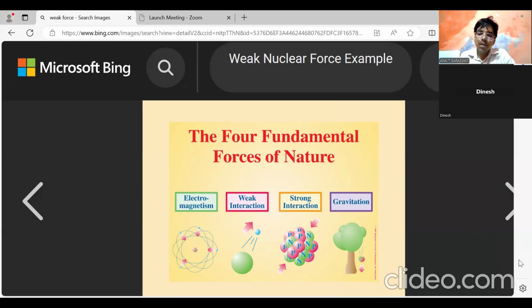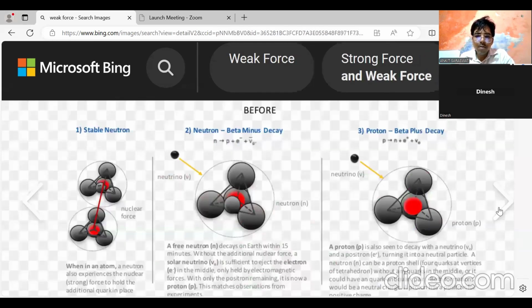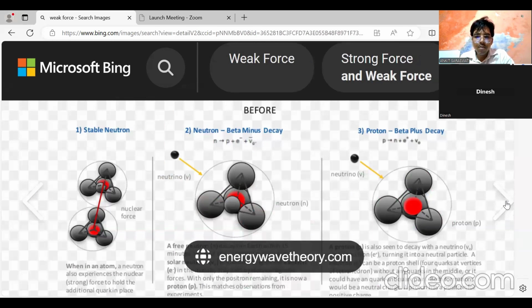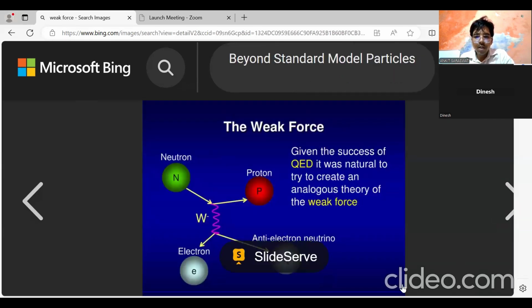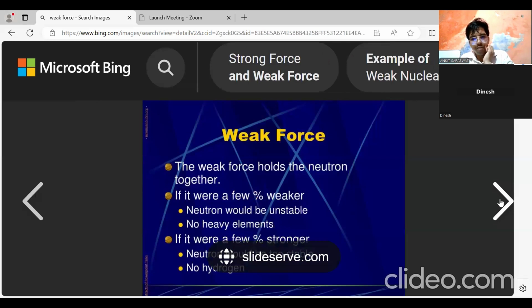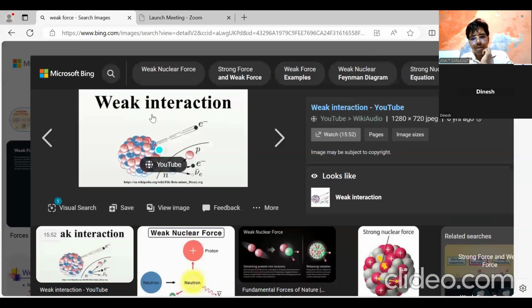One is nuclear force, gravitation. Here, check. Understood?